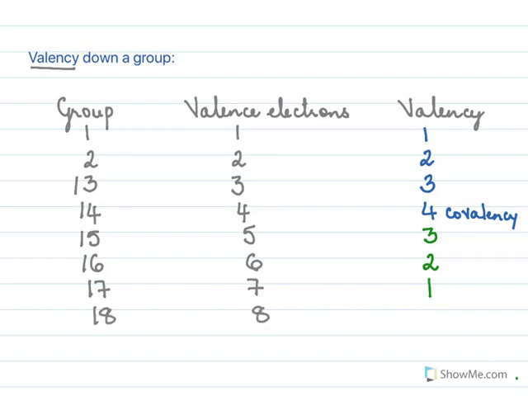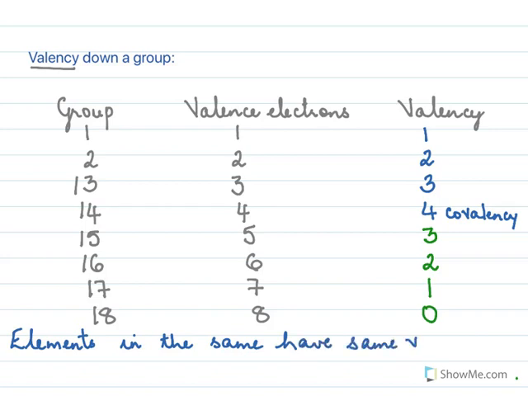And here 18, valence electrons 8, and it is zero valent. So elements of the same group will have the same valence electrons and hence the same valency. Why the same valency? Because they have an equal number of valence electrons.